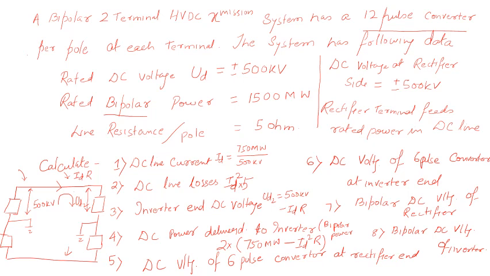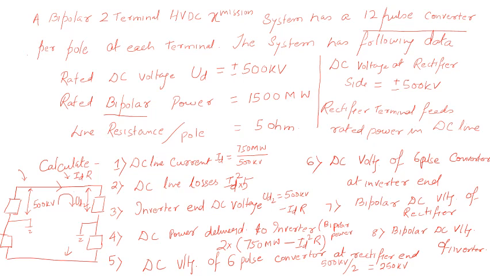For 6 pulse, you have to take half of that, so 500 kV divided by 2 will be 250 kV. So this is your rectifier side.